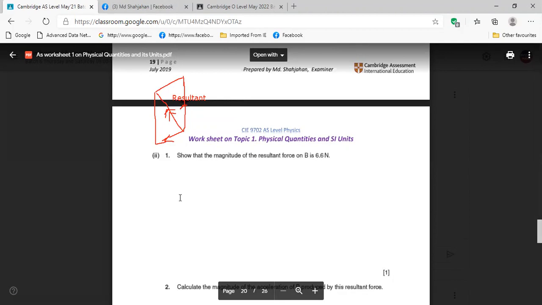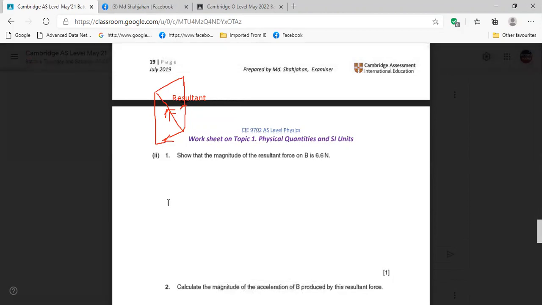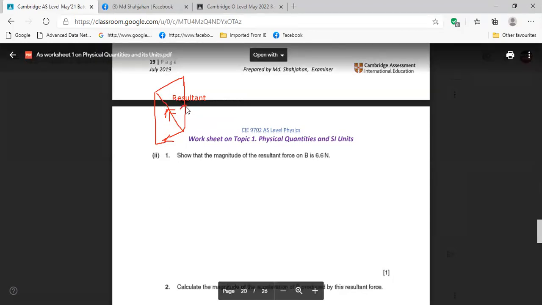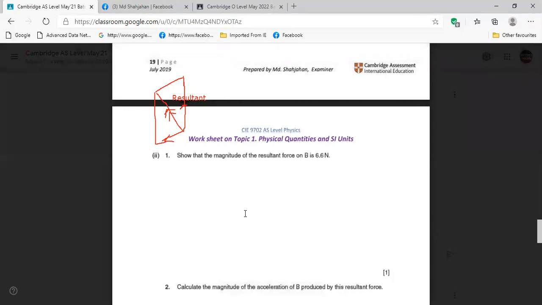So we got there, you can use the same way I showed here. Like with your ruler, you can take 6 centimeter.